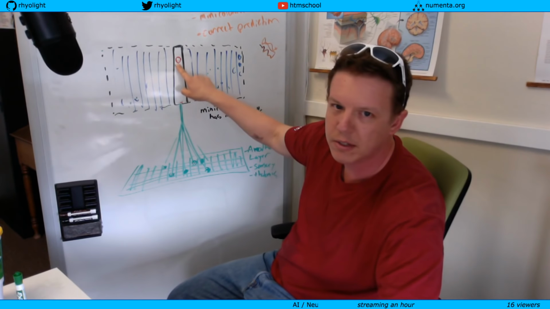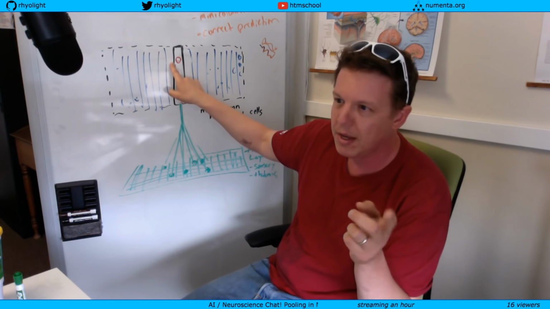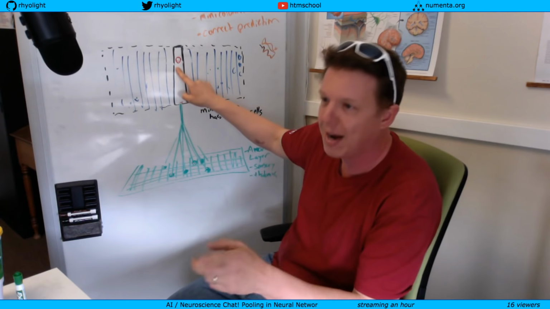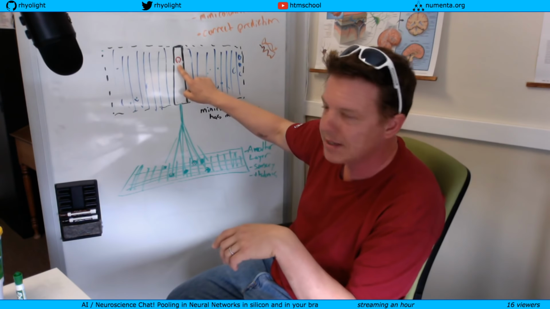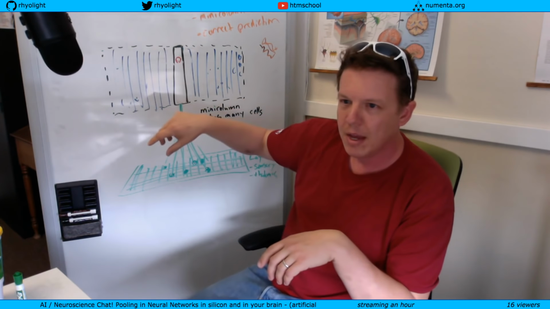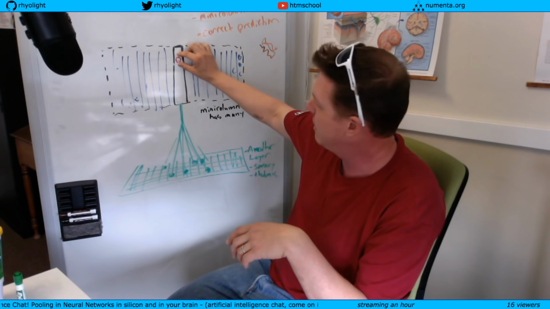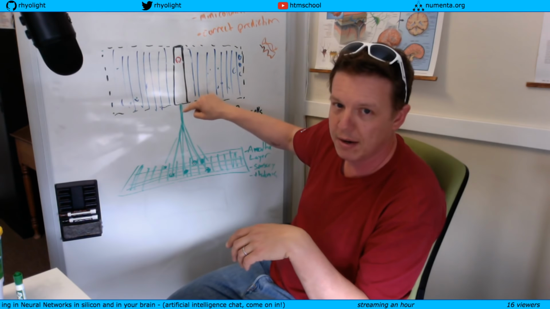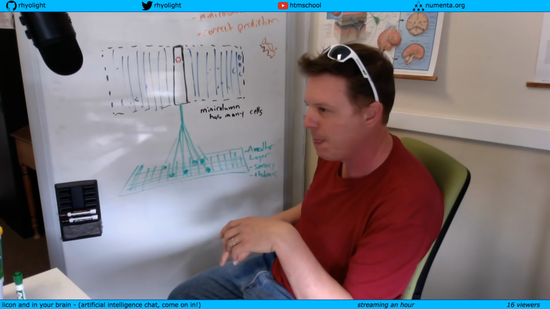If we have a cell that's in a predictive state, and I'll talk about where that distal input comes from in a minute, but right now I just want to tell you how it fires. If it is in a predictive state inside this mini column, that means this cell is predicting that this mini column is going to be activated in response to some signal coming through the input.